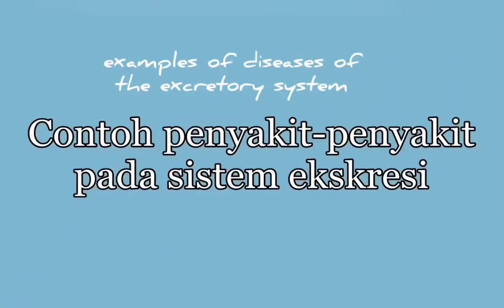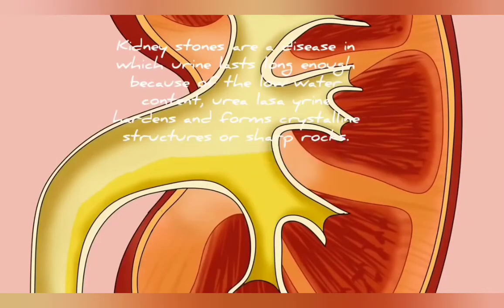Examples of disorders of the excretory system. Kidney stones form when urine stays long enough because of low water content.